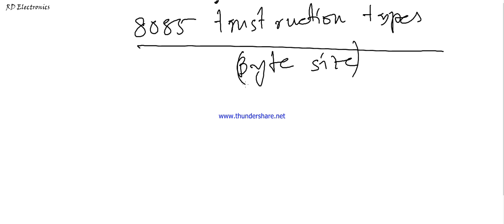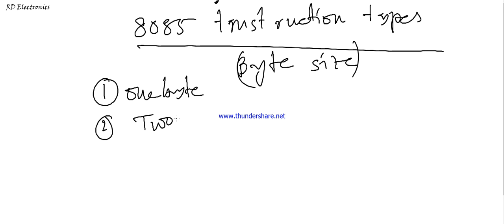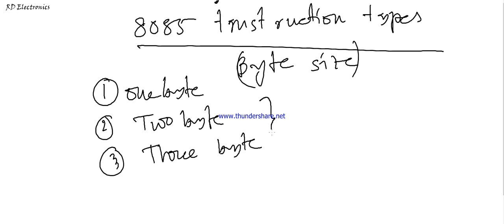Depending on the byte size, there are basically three different types of instruction: number one is 1 byte instruction, number two is 2 byte instruction, and number three is 3 byte instruction. These three are also important, each for a specific operation, a specific task.